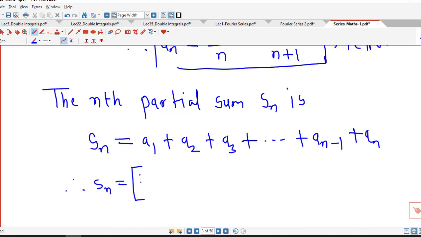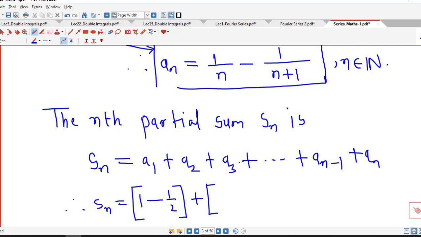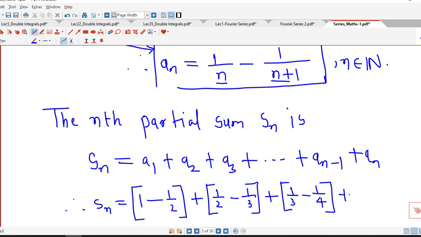So a_1 is 1 minus 1 by 2, plus a_2 is 1 by 2 minus 1 by 3. a_3 is 1 by 3 minus 1 by 4, and so on.